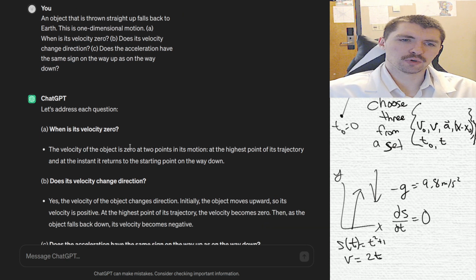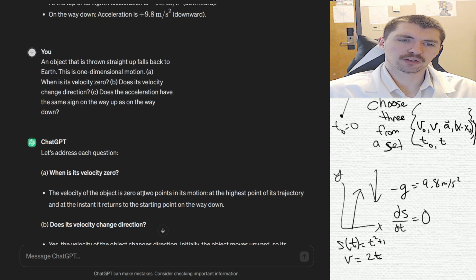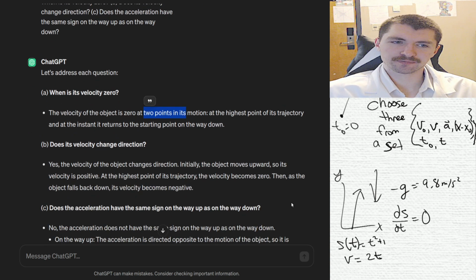So this says 2 points, but what about when it's at rest? Technically, t equals 0 is a point on the graph.